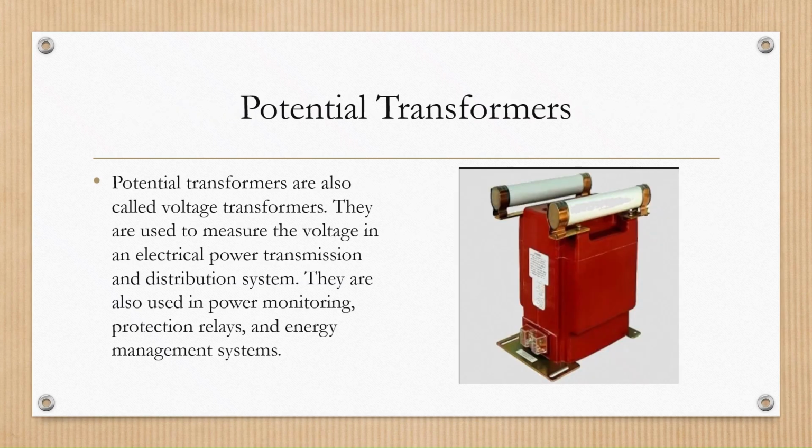Potential transformers are also called voltage transformers. They are used to measure the voltage in an electrical power transmission and distribution system. They are also used in power monitoring, protection relays, and energy management systems.